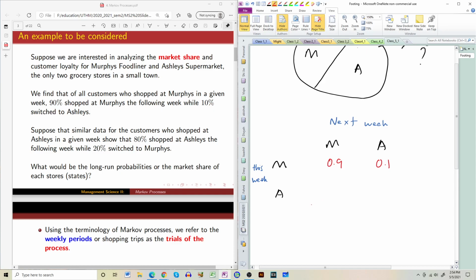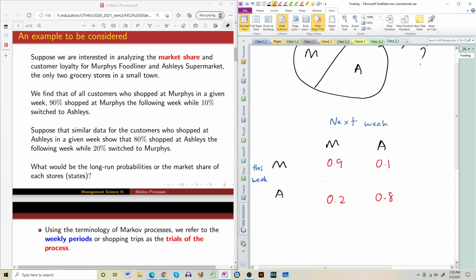Third paragraph, those who shop at Ashley's, they go to Ashley's again at 80%, that would be 0.8, and the rest, which is 20%, switch to Murphy's.